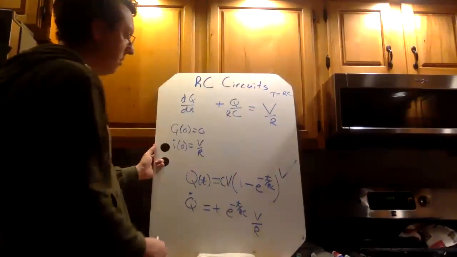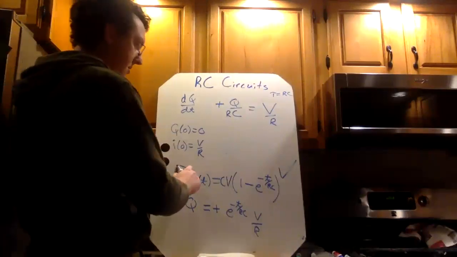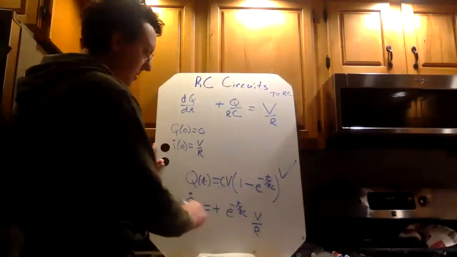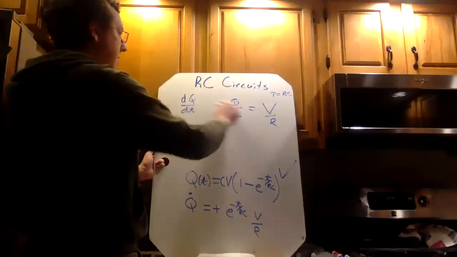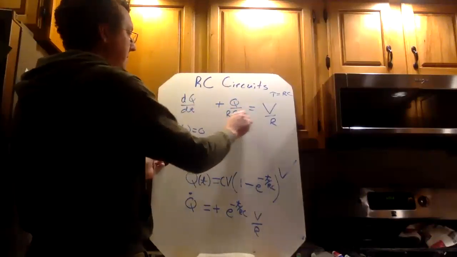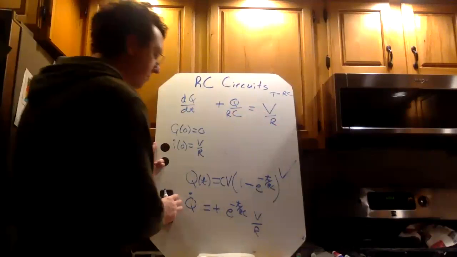If you don't see it, just make this guess, take the derivative, plug it in, and you'll see that the left-hand side equals V over R.